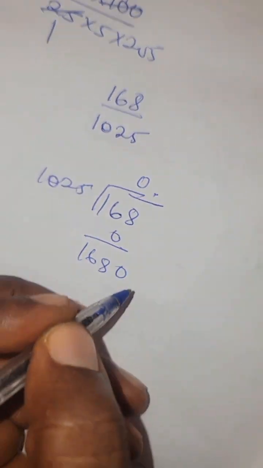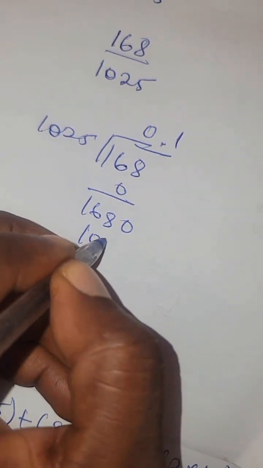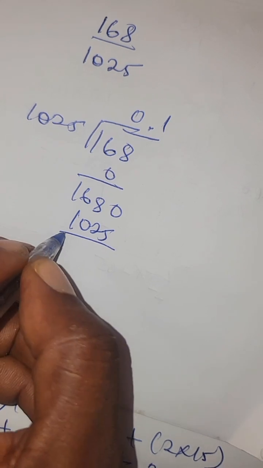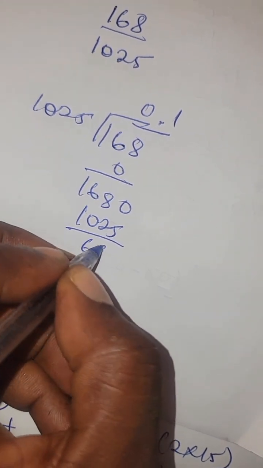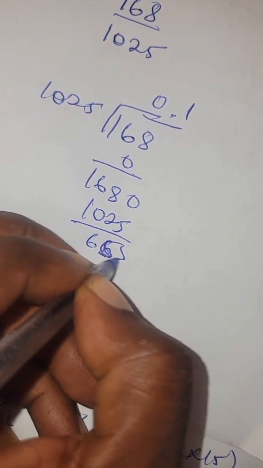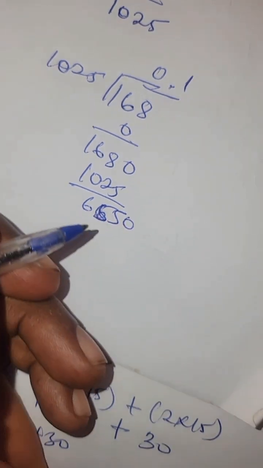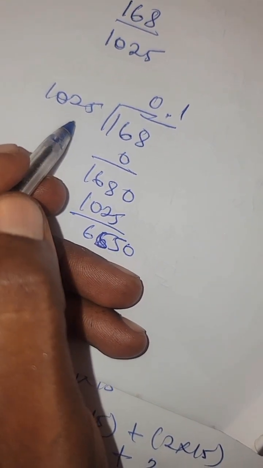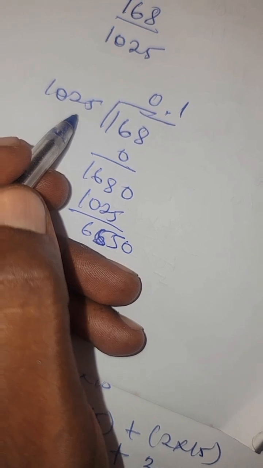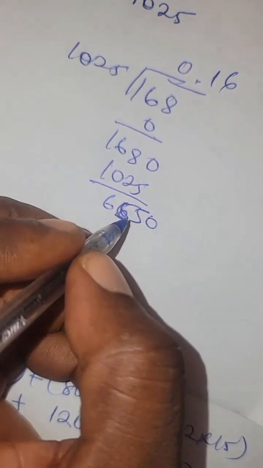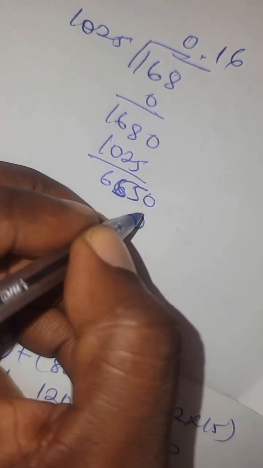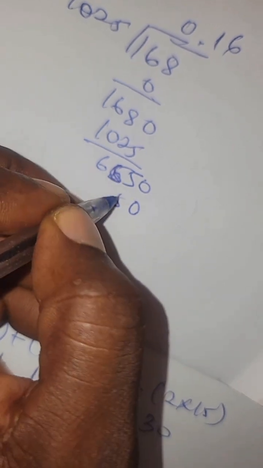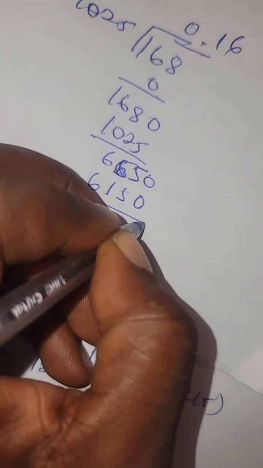So 1025, 168, 0, bring your point, 1, 1025, and that will be left with 655. The point means I can still add 0. That's going to be 6 times 5, 30, 15, 1, and then 6.